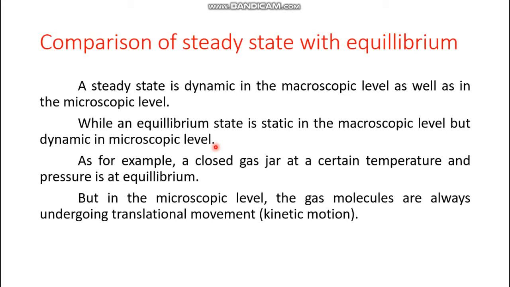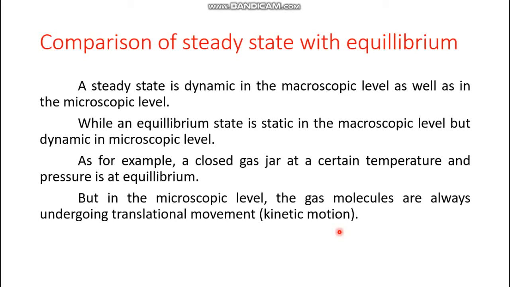Molecules are always moving. For example, a closed gas jar at a certain temperature and pressure is at equilibrium. But at the microscopic level, the gas molecules are always undergoing translational movement. That means they are always undergoing some kinetic motion. So at the microscopic level, they are not at rest, but the pressure and temperature remain the same.